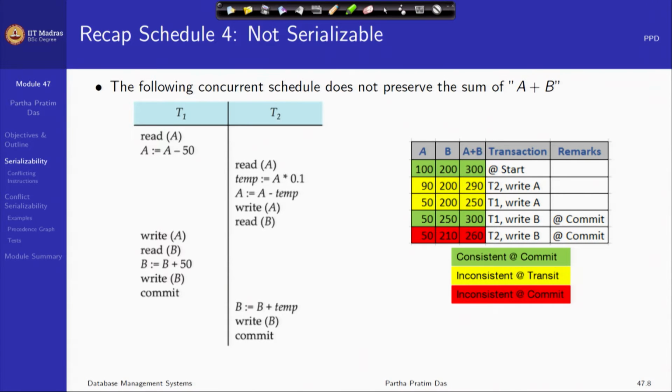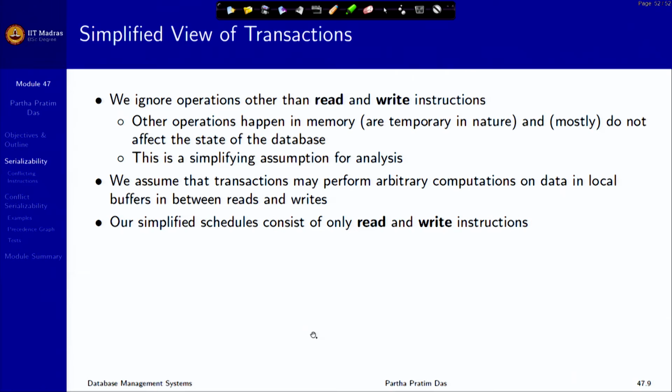We also saw schedule 4 which is not serializable, because it does not preserve the sum of A plus B, because the A written here is overwritten here and the B written here is overwritten here, resulting in a total sum of 260, which is 40 less. So, we concluded that all concurrent schedules are not serializable. These are just examples we had.